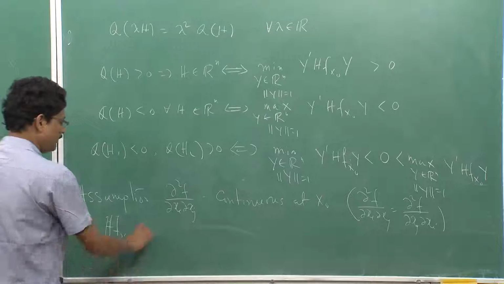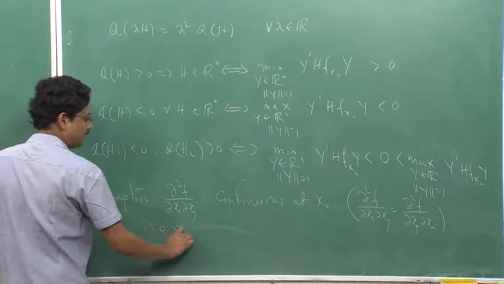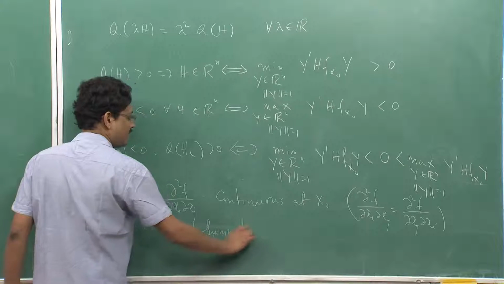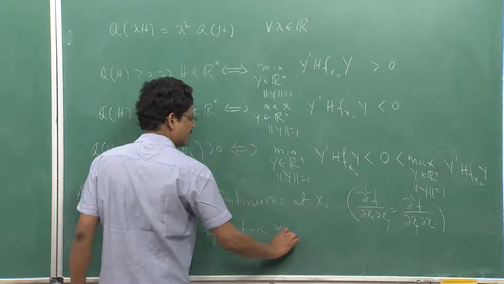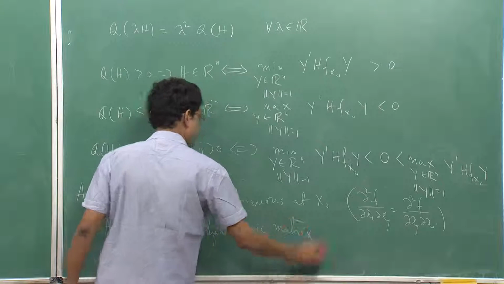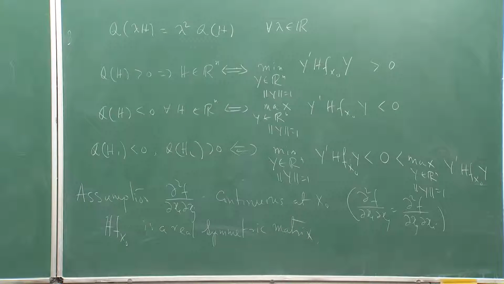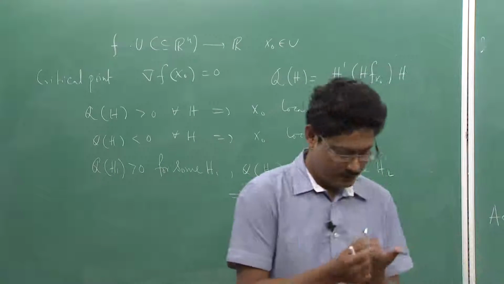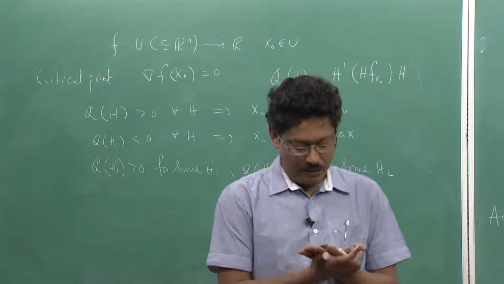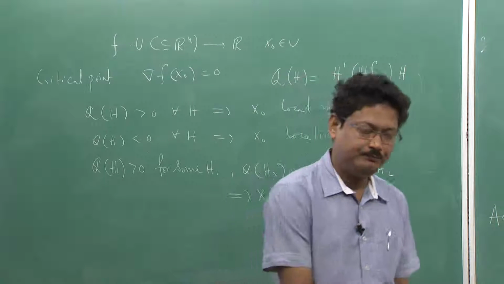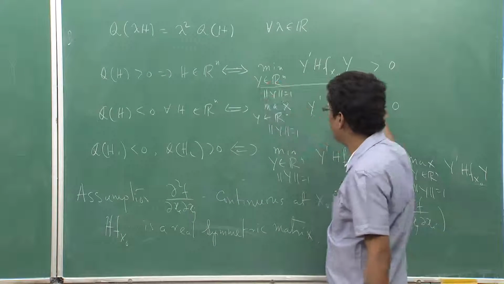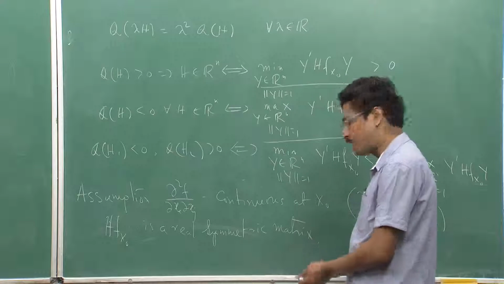So, Hessian f at x naught is a real symmetric matrix. And what do you know about a real symmetric matrix? That they have real eigenvalues and their eigenvectors can be chosen to be real as well. And this quantity has a special meaning in terms of eigenvalues.